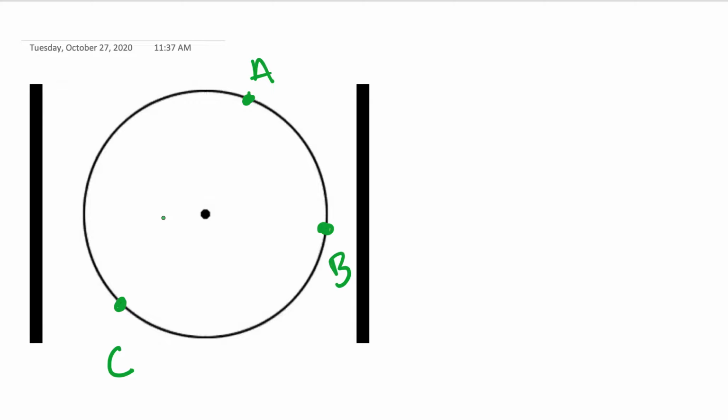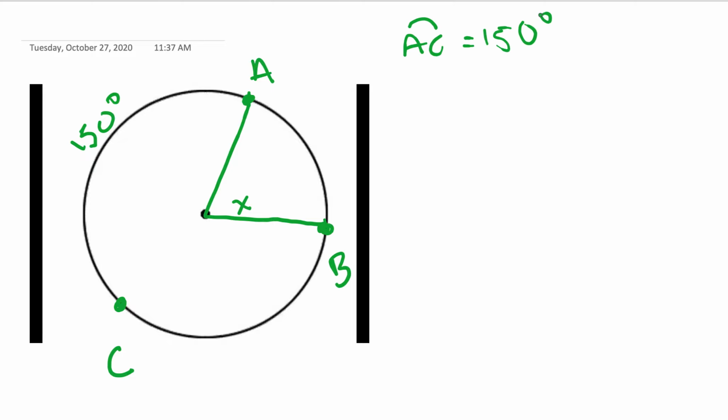And maybe it looks something like this. So from A to C, the arc is 150. And from C to B, let's make it 120.